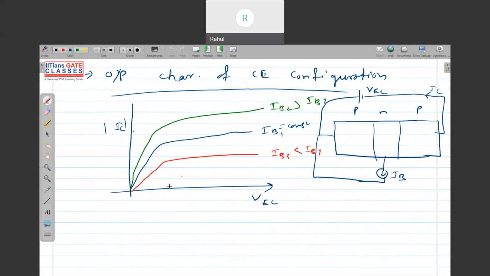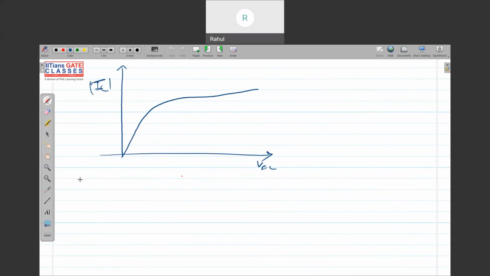First thing we will discuss is what will happen when VC is equal to 0. VC is nothing but VB minus VCB. So VC equal to 0 implies VB minus VCB is equal to 0, so VB equal to VCB.